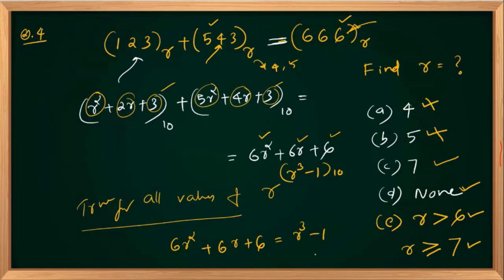So this equation will become minus r cube plus 6r squared plus 6r plus 6 plus 1 equal to 0. And here you're assuming that base is r, right? You can identify the value of r. And that will be true for all values greater than 6 that you can verify.